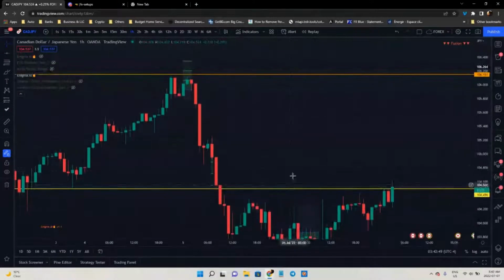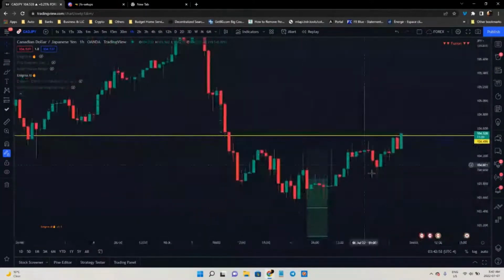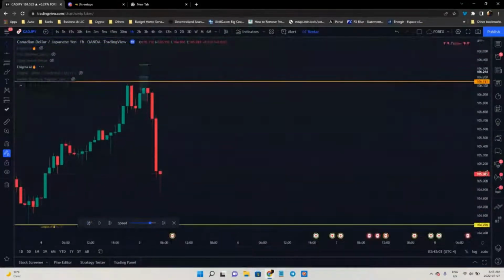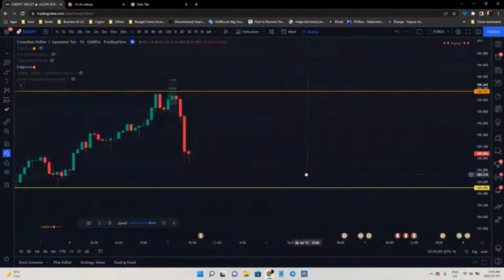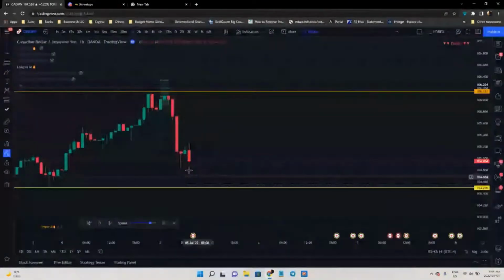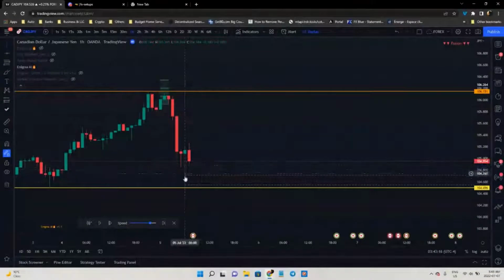I'm just going to do a replay on that since we're already here. So that's the 7-hour candle. As you can see, you can see that on a live chart.